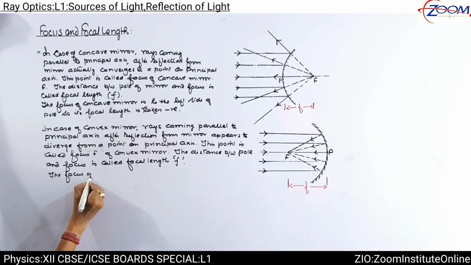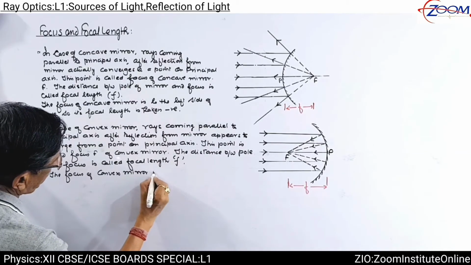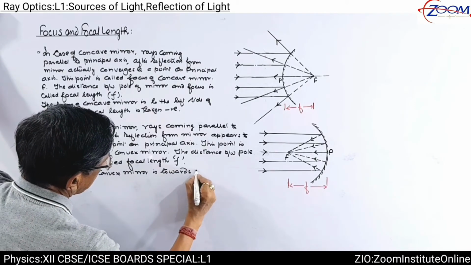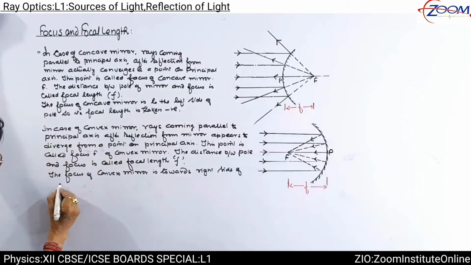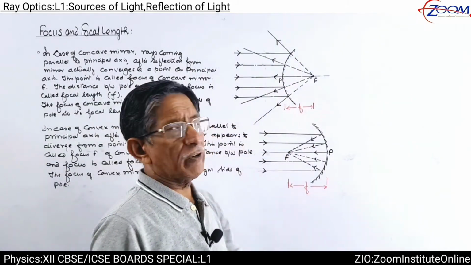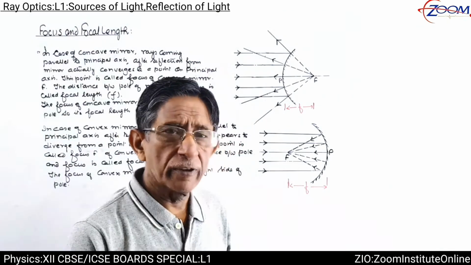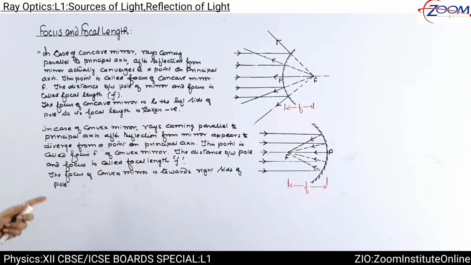The focus of convex mirror is towards the right side of pole. Children, the focus of the convex mirror is towards the right side of the pole and the measurements towards the right side are taken what? Positive. That's why the focal length of convex mirror is taken what? Positive. The focus of convex mirror is towards right side of pole.